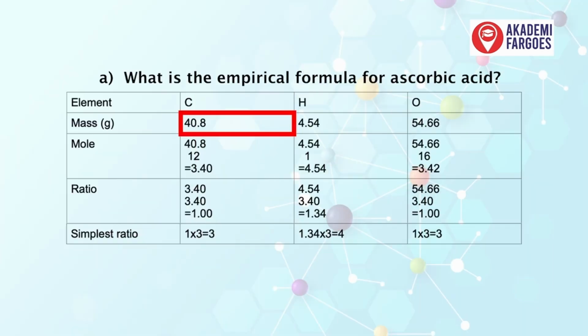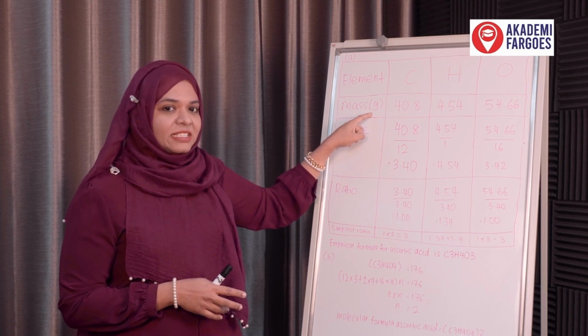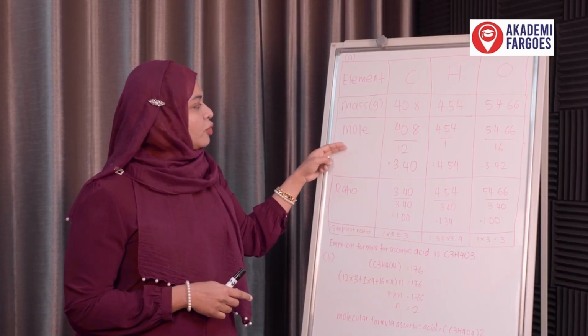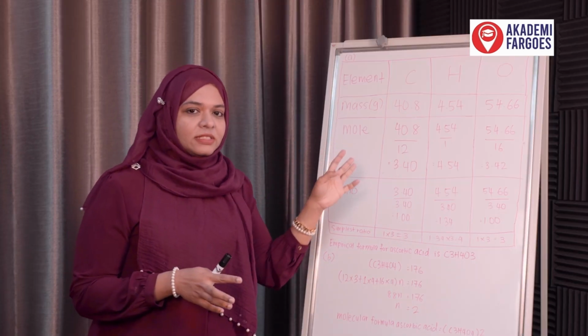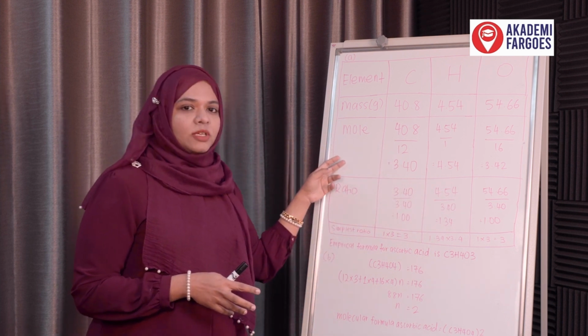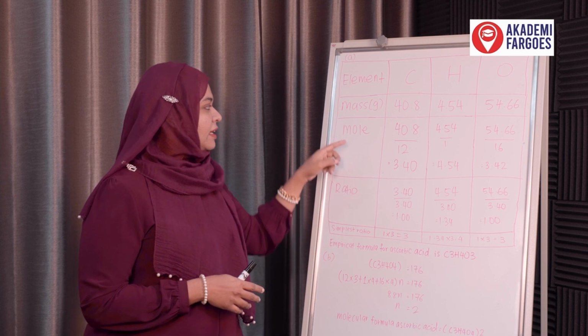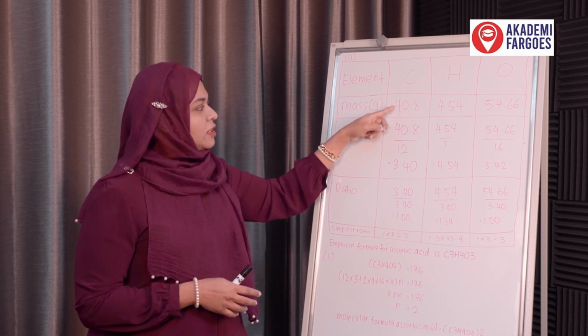Mass for carbon is 40.8. You don't need to put G here because you already put G here inside this column. Hydrogen is 4.54 and oxygen 54.66. Now, you going to calculate the mole for all these elements. What is the formula for mole? Mass over the molar mass. Okay, mass for carbon is 40.8.